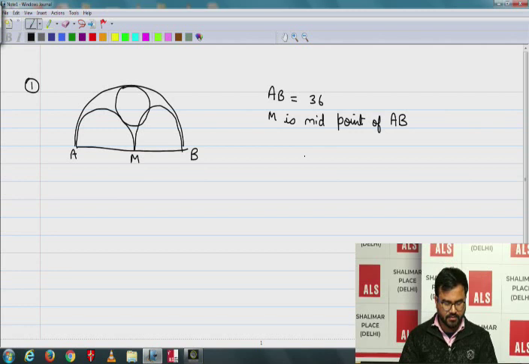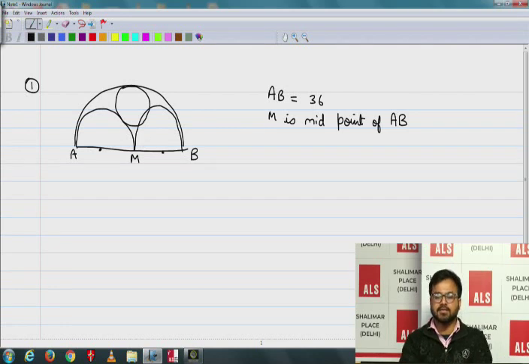These two things are given. And these semicircles are drawn on the AB and this is the circle over here with center C. So we have to find the area of this shaded region.